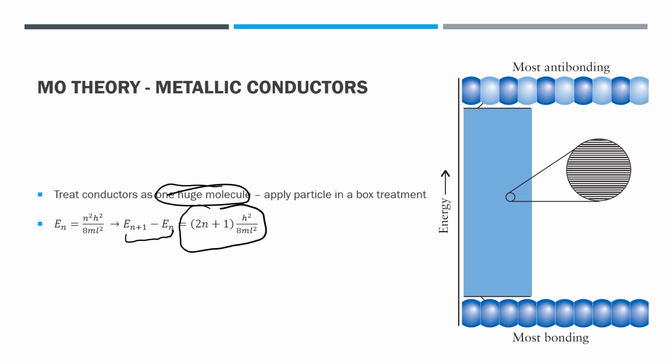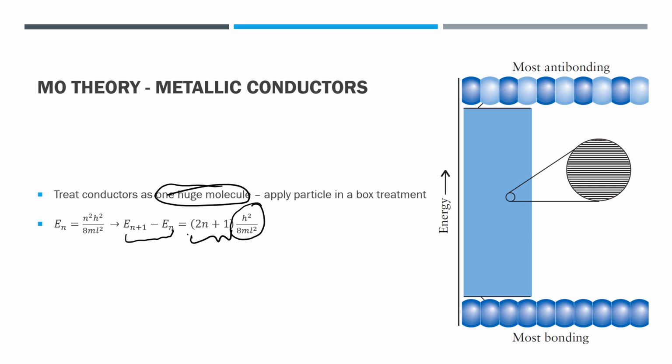Because the length is so much bigger, this entire factor becomes much, much smaller, which says the differences in energies are really small. The 2n+1 factor is a constant that depends on what energy level you're starting at and ending at, but h squared over 8 m L squared is another constant, and because L is so big, that constant is going to be really small. That makes this entire term really small. So the differences in energy levels are tiny, and there's a huge amount of energy levels.